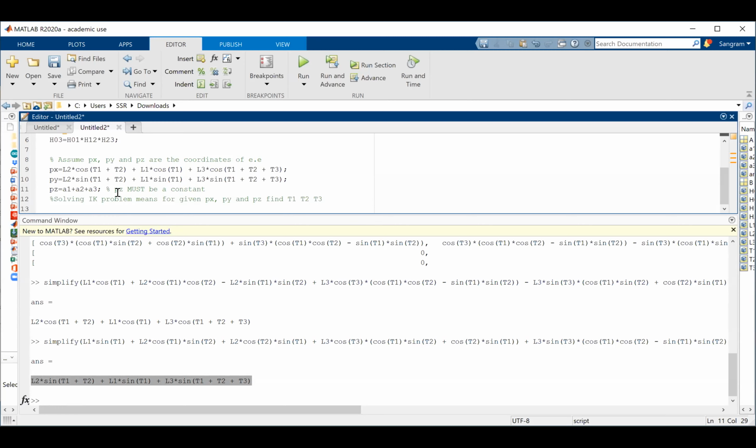So the only thing that you can change is Px and Py. You cannot change Pz. Pz will be fixed. Okay. Now the question is, how do we solve this problem?